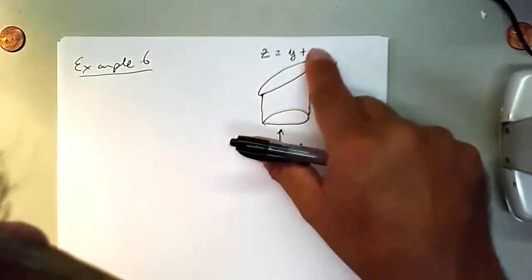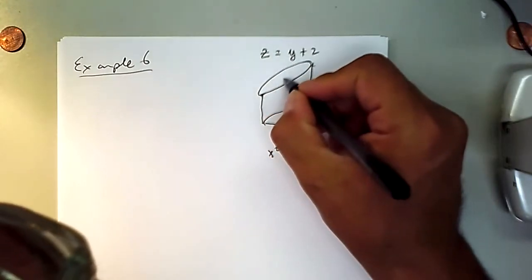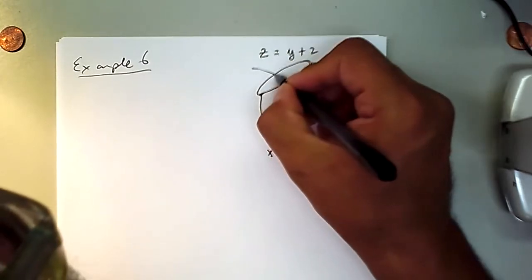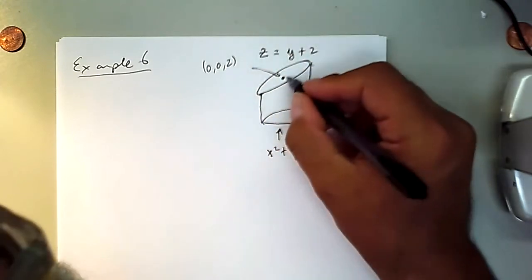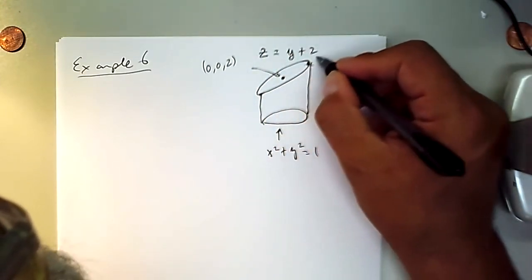The angle would be pi over 4, and that is 45 degrees. Okay. So this point here is 0, 0, 2.